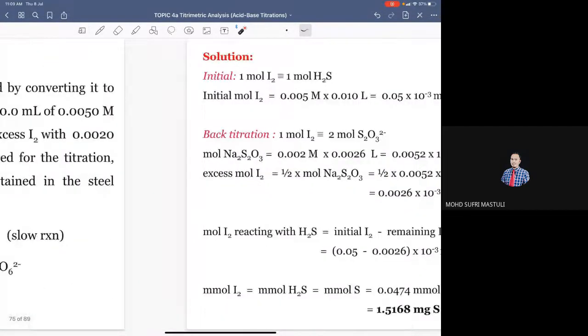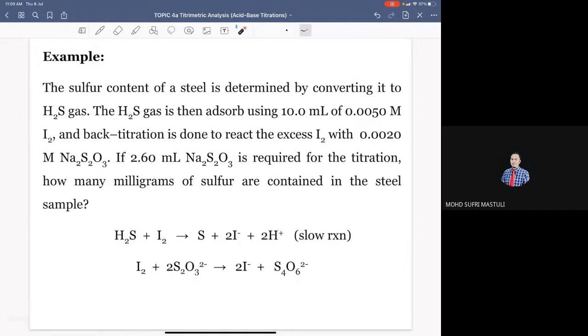It's quite similar. The sulfur content of a steel. So sulfur in steel is determined by converting it to H2S gas, meaning that we have a steel sample and we want to determine the sulfur.